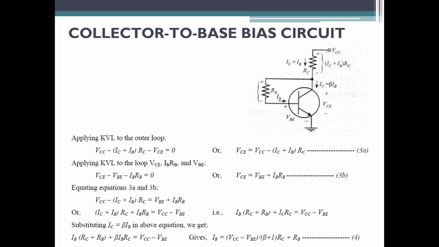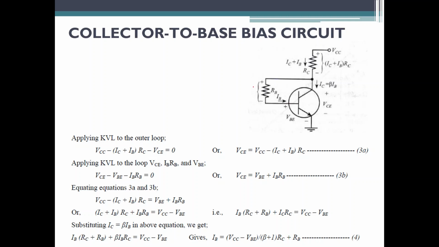So the current through RC is IC plus IB, out of which IC flows to the collector and IB flows to the base.